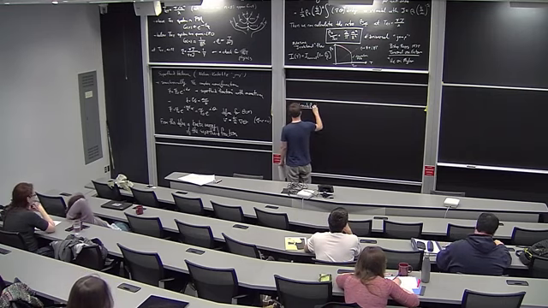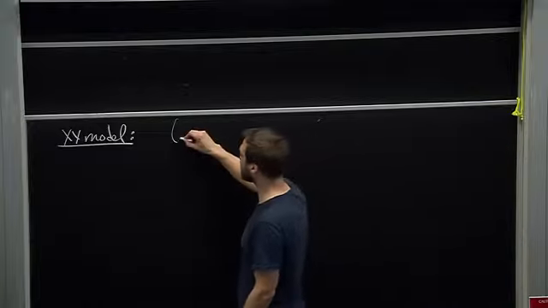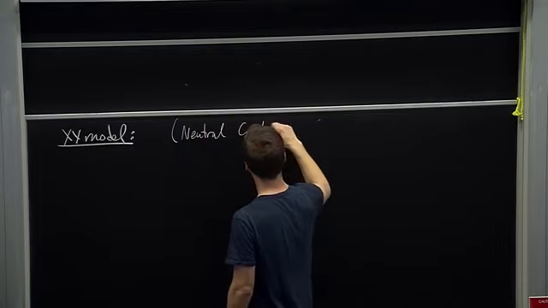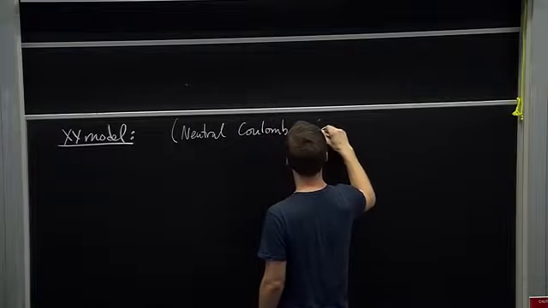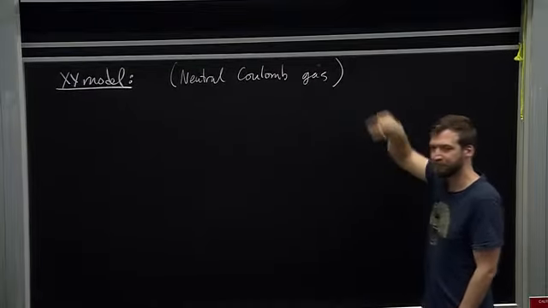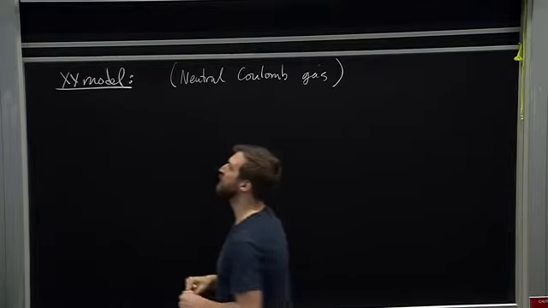So we're still sticking with the XY model. And all we have is the usual action and this idea of vortices. And what I'm doing is I'm relating this to a neutral Coulomb gas. So it's just an analogy. Okay, let's start from our definition of a vortex.